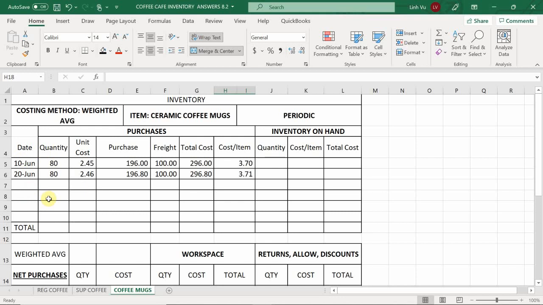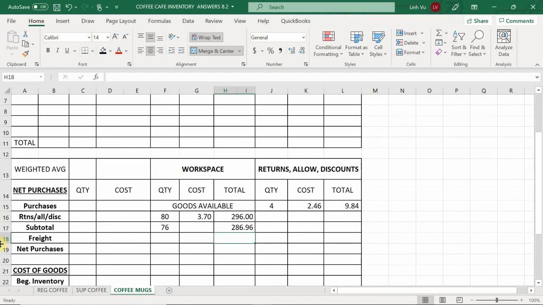Okay, all right. So I just want to make sure that when I'm calculating my goods available, I know for a fact that I no longer have 80 items in my second batch of inventory. I have only 76. Not that it matters, because at the end of the day, we're just going to count all of them up and take an average.